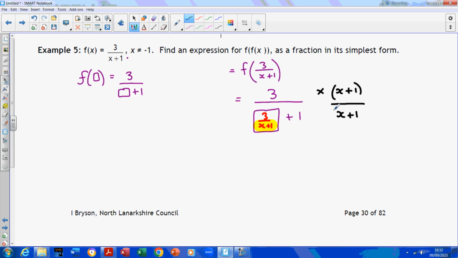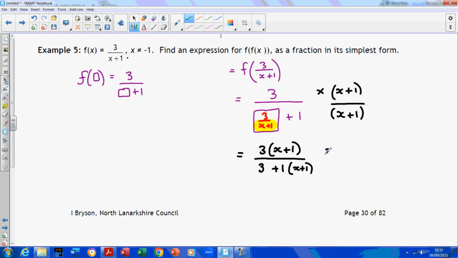So I'm going to multiply the top by x plus 1, and I'm going to multiply the bottom by x plus 1. So when I do that, in the numerator, I get 3 times x plus 1. And in the denominator, I multiply this thing first by x plus 1. x plus 1 cancels. That was the whole point of it. I'm just left with 3. Much, much easier. And then I've got 1 times the thing in the bracket, which is x plus 1.